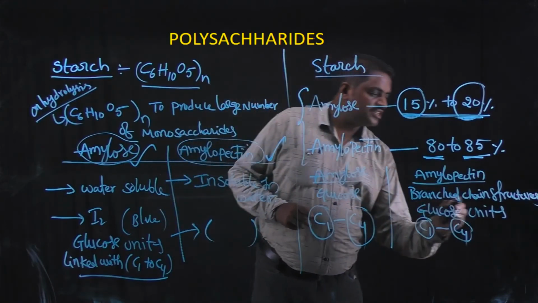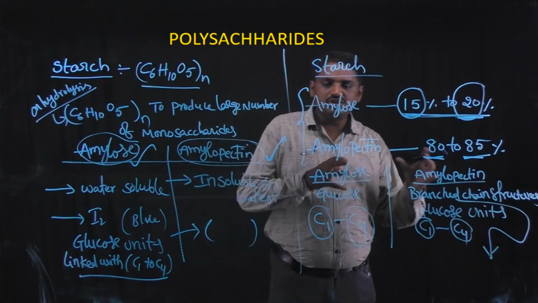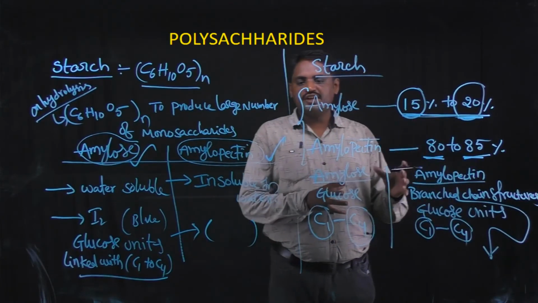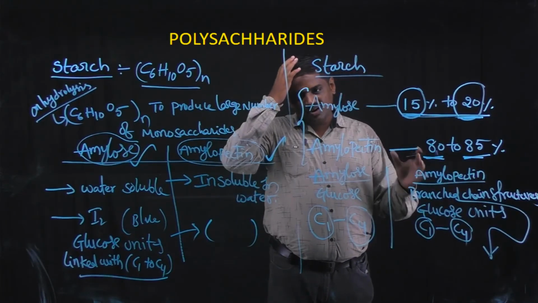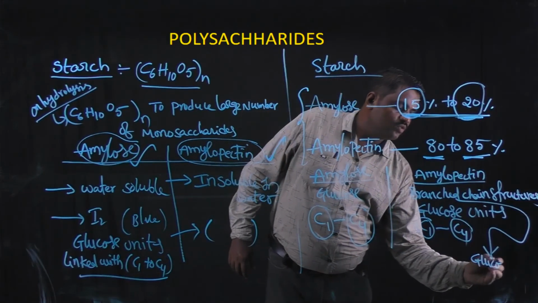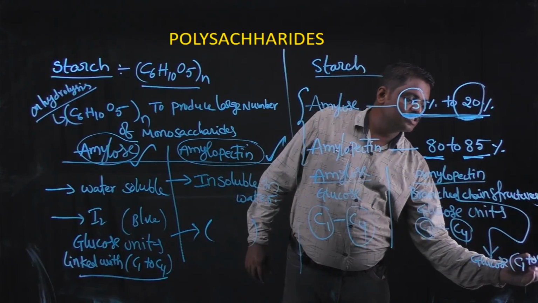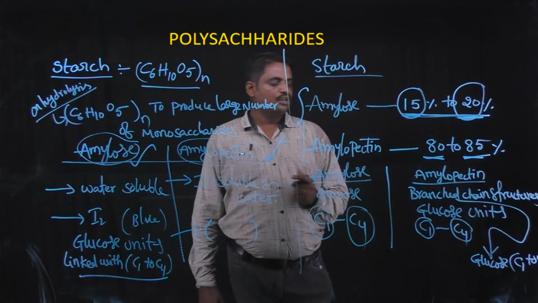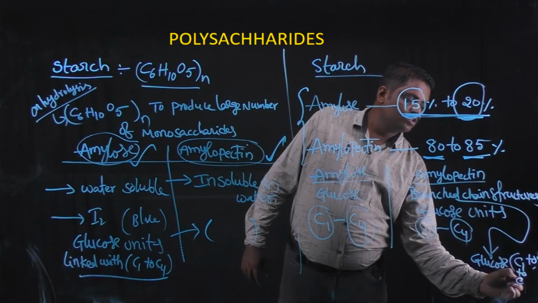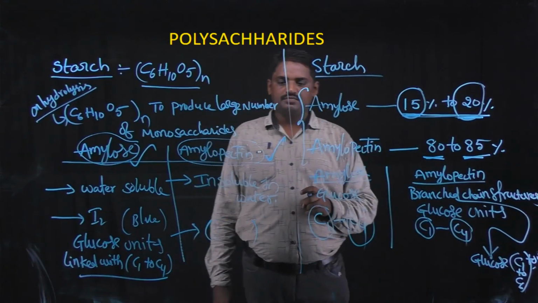But in a few parts, the branched chain parts, the glucose units are linked with C1 to C6. This is a special linkage in amylopectin.